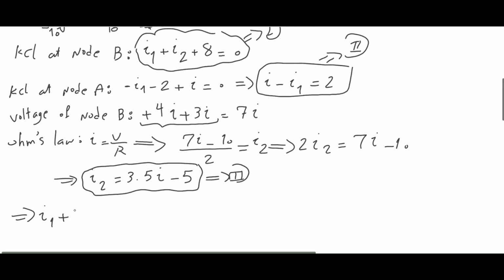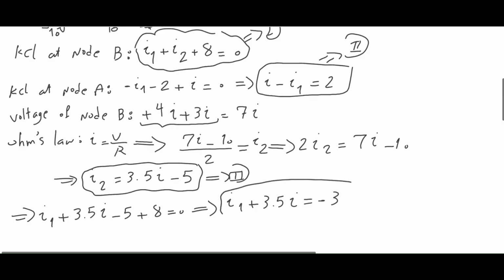Instead of I2, I want to write 3.5 times I minus 5, and then plus 8 equals 0. So from here, I have I1 plus 3.5 times I, minus 5 plus 8 is plus 3. And if it goes to the right hand side, it becomes negative 3. So now, this is equation 4.